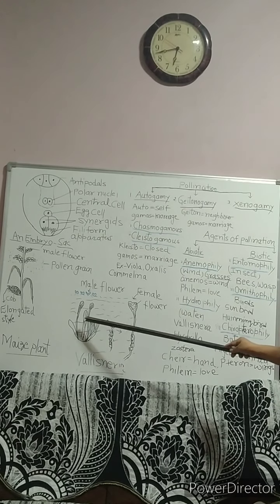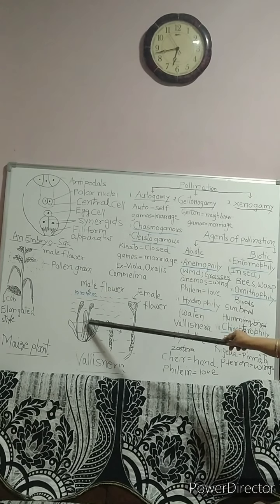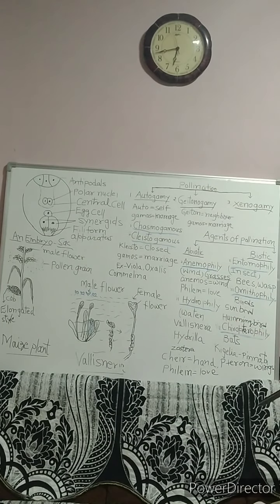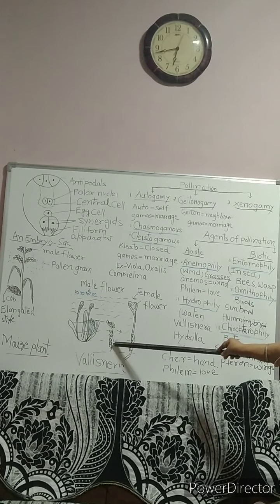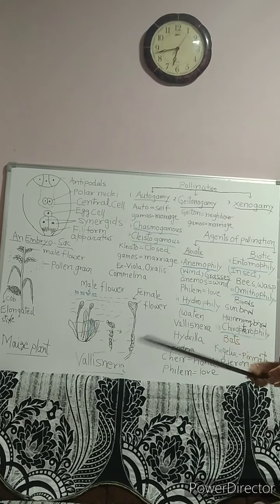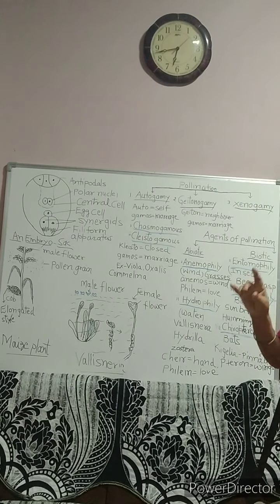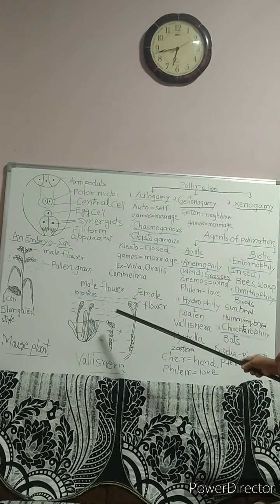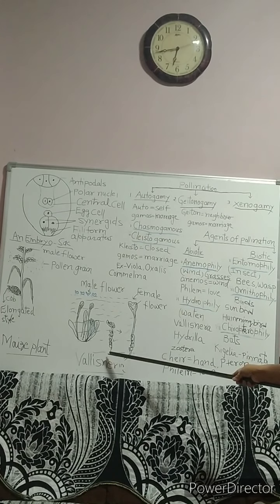When the male flower becomes mature, it dehisces and comes on the surface of water. The female flower has a long stalk. This long stalk is highly coiled when the flower is immature.